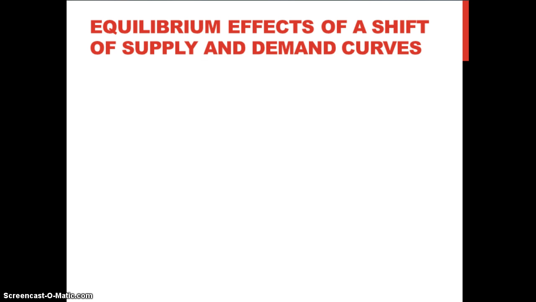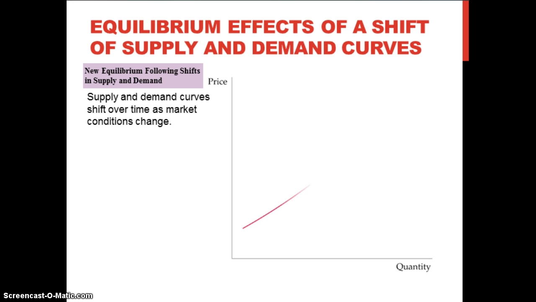Finally, we'll see the most complicated case for the shift of equilibrium point, when both supply and demand curves shift. And then this is a market equilibrium point, and in actuality, market conditions change over time, and there are many factors which can shift both supply and demand curves.